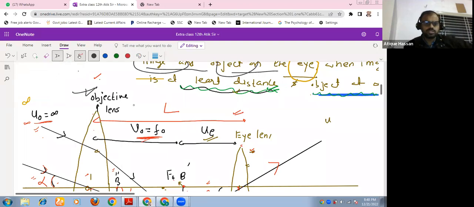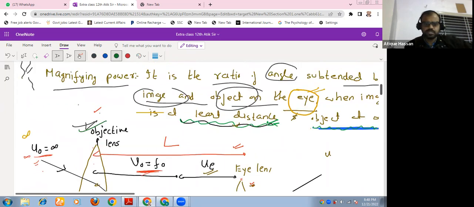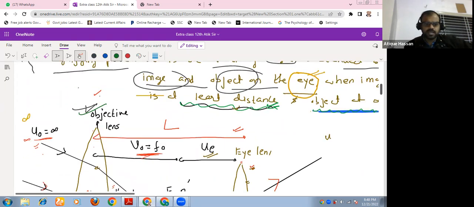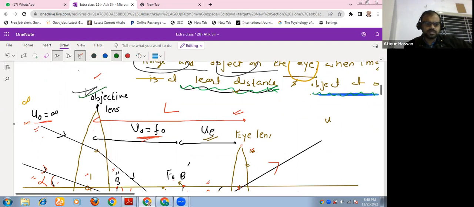This is the objective lens, which is of larger aperture as compared to the eyepiece, and you can assume that the object can be treated at infinity, right?